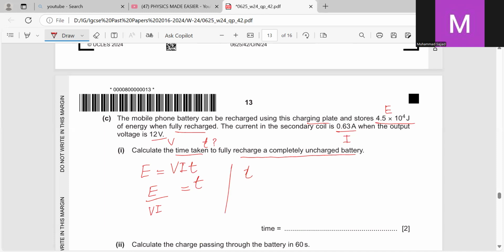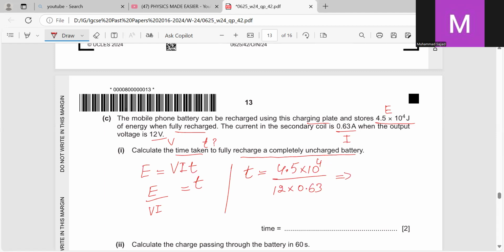So we have all the data now. Energy is 4.5 times 10 raised to power 4, over voltage is 12 and current is very much small, 0.63.